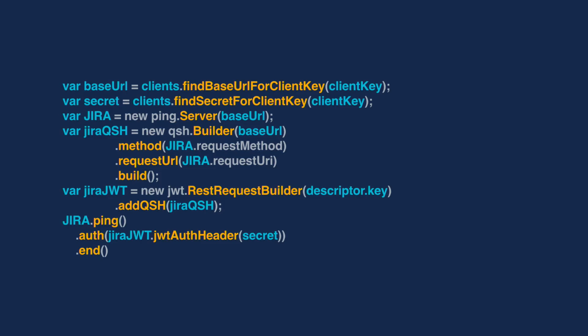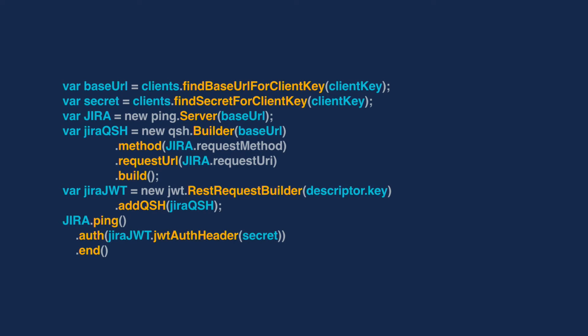Okay, so in this pseudocode again, we see what that flow is like. Now I have to look up the base URL so that I can make the request to the right instance of Jira. I also have to look up the secret. I have wrapped up the ping idea in an object there to make it easier for me.